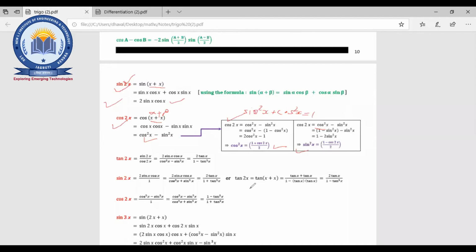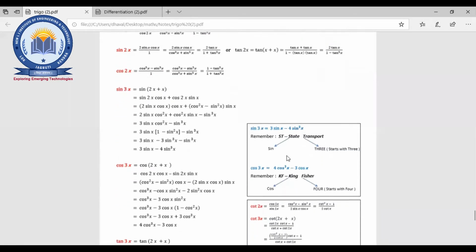Okay, so these are the basic equations. Now another one is for sin 3x, cos 3x and tan 3x. Here, 3x can be written as 2x plus x. Again we know the basic equation for sine of alpha plus beta.